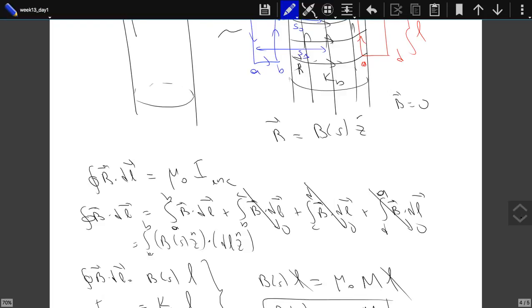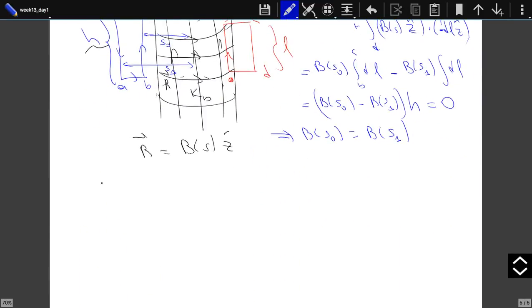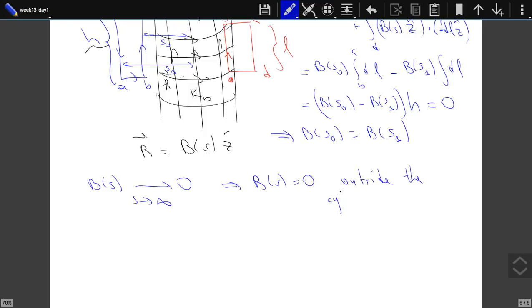Of course, assuming there is nothing else that creates a B field. Outside the cylinder, there is no B field. Now this kind of completes our proof.